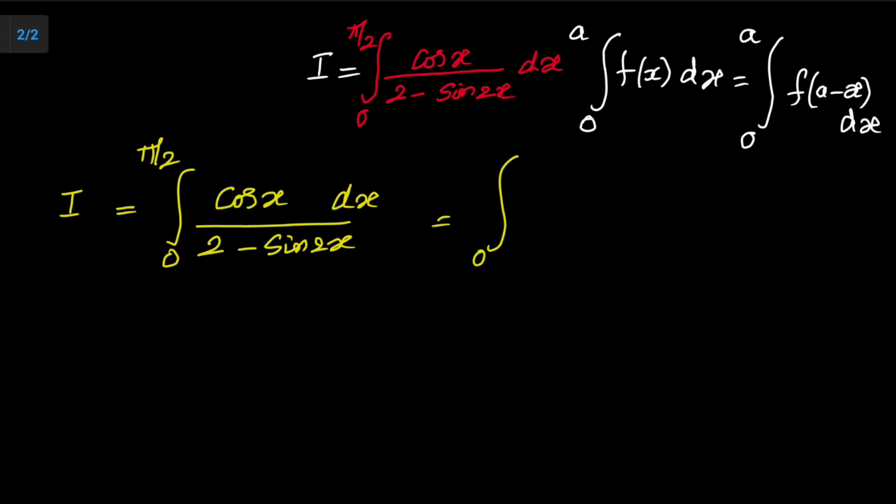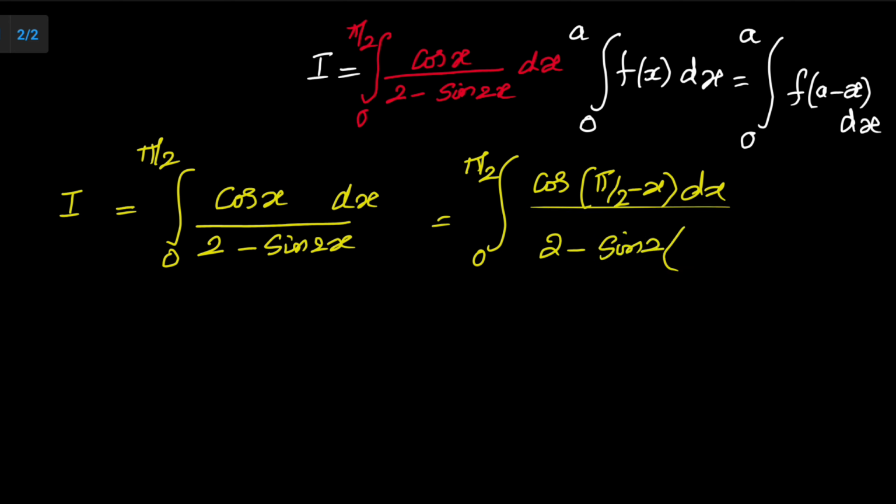According to the property, we can write it as integral 0 to pi by 2 cos of pi by 2 minus x dx divided by 2 minus sin 2 times pi by 2 minus x, which is equal to integral 0 to pi by 2 sin x divided by, sin pi minus 2x is sin 2x only.